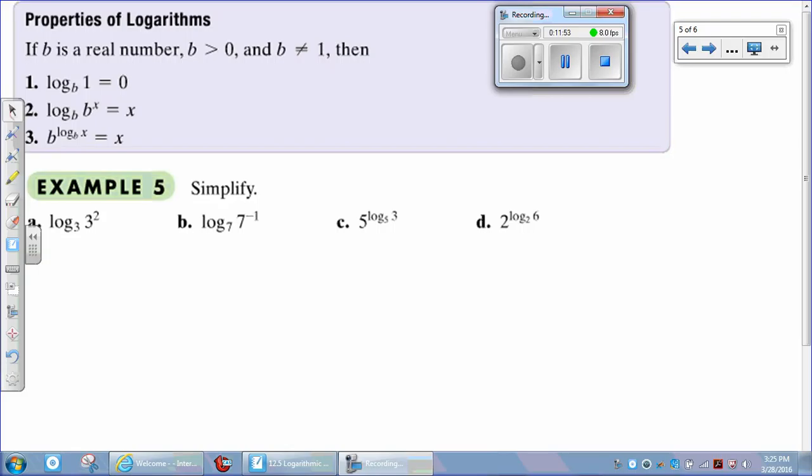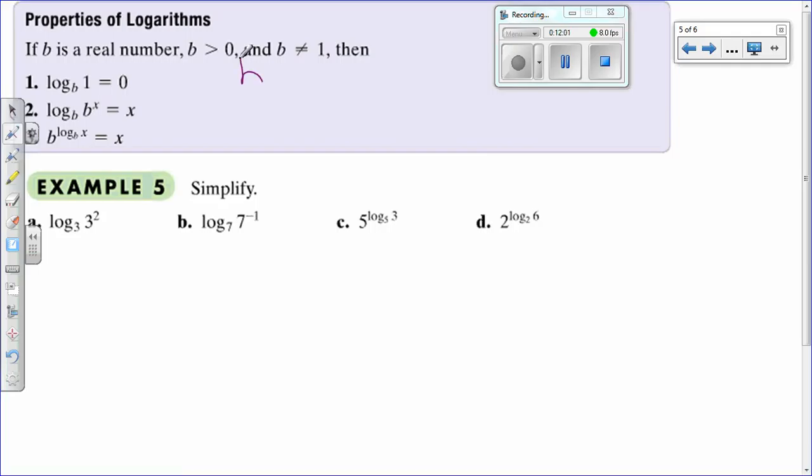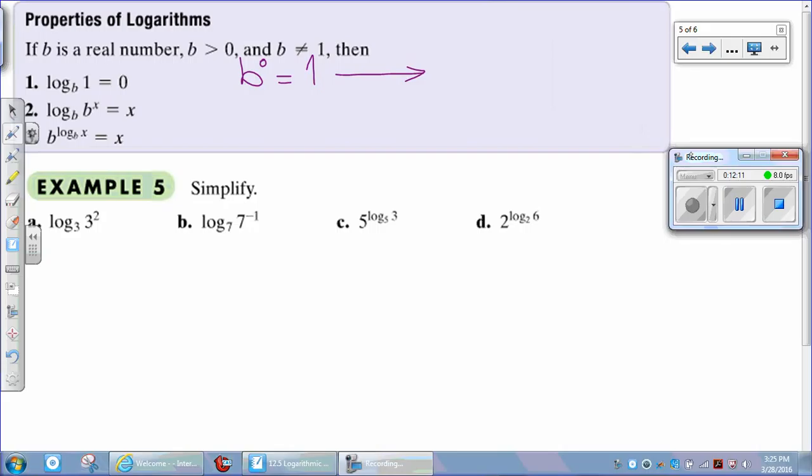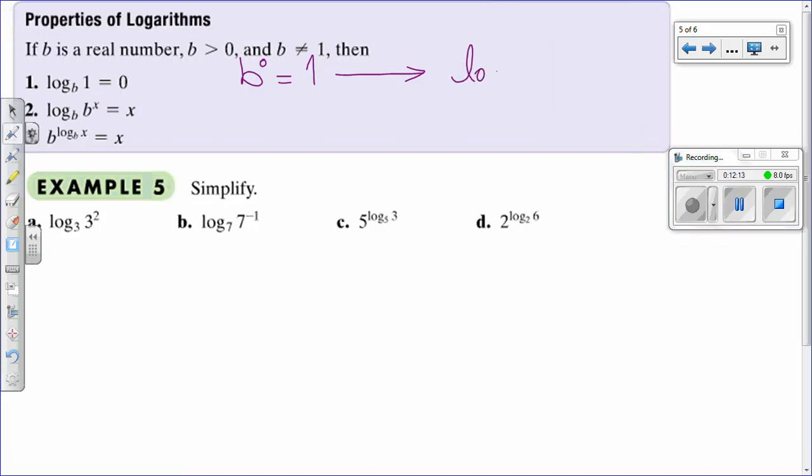Okay? So, these 3 are my favorites because, let's see if you guys remember, it kind of comes from the previous question, what is b to the power 0? 1, right? And isn't it true that if I convert that to a logarithmic expression, it will be log base b of 1 is equal to 0.